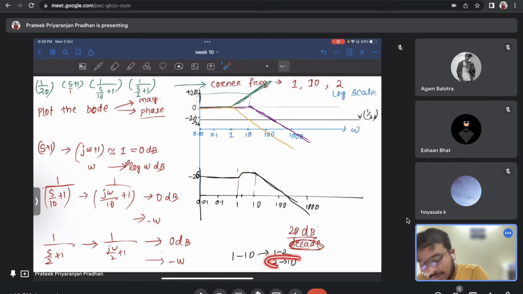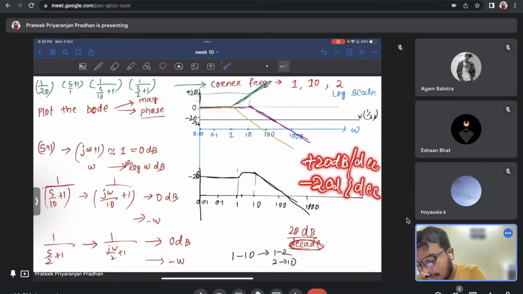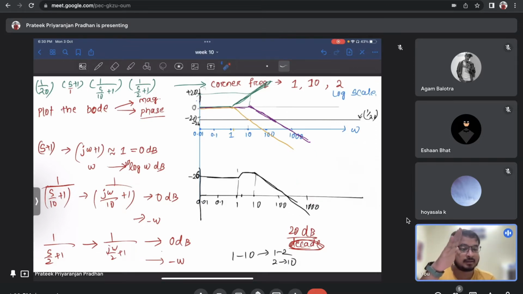The problem comes with 2 to 10. What I want you guys to imagine is, from 2 to 10, the green curve is increasing with plus 20 dB per decade, and the orange curve is decreasing with 20 dB per decade. One is increasing with a rate, and another is decreasing with the same rate. So that's why from 2 to 10 they will cancel each other out, and the magnitude will remain constant.